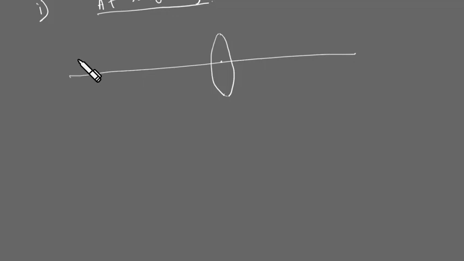When the object is placed at an infinite distance, the rays coming from it are considered to be parallel rays. So we will consider that the object is placed somewhere on this side at infinite distance. That means we will consider the ray which comes parallel to the axis. Let's say here is the focus.